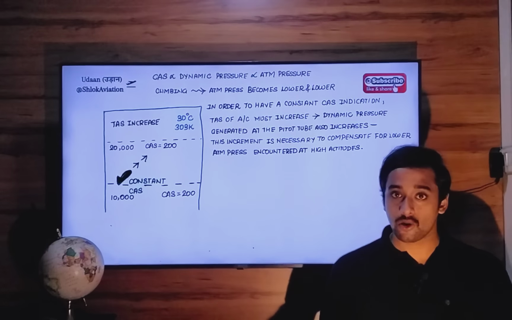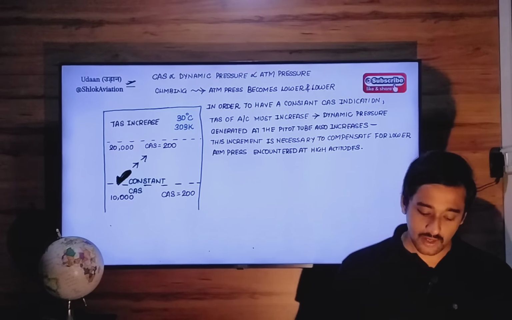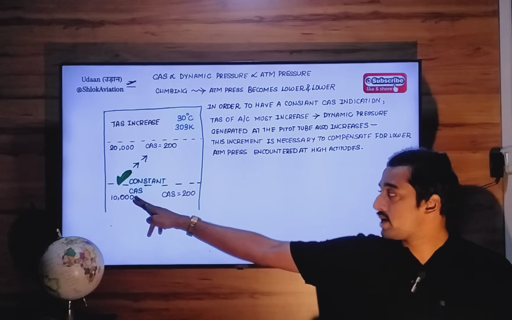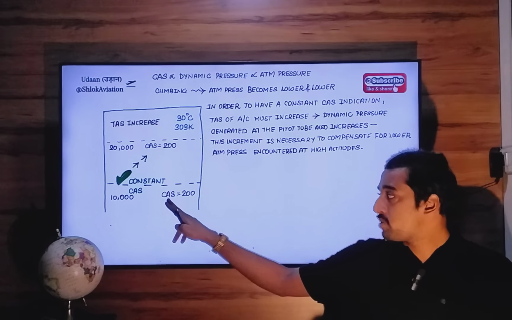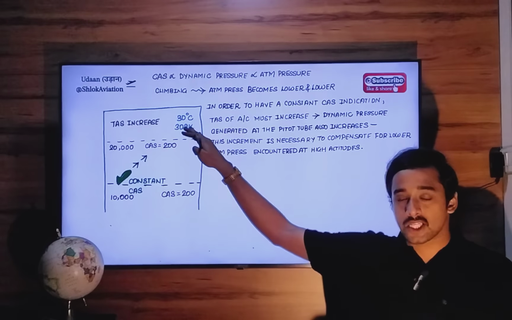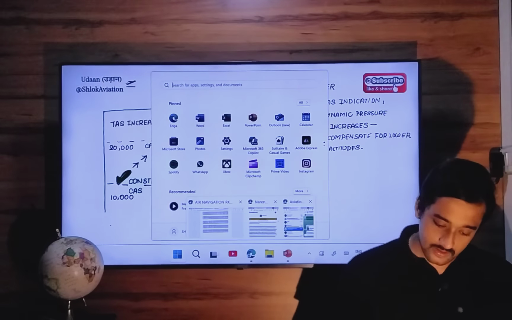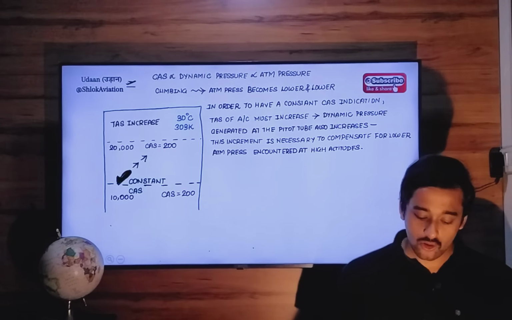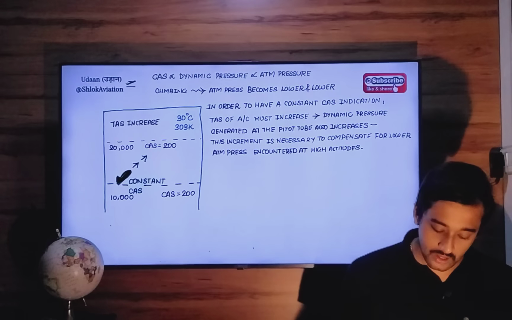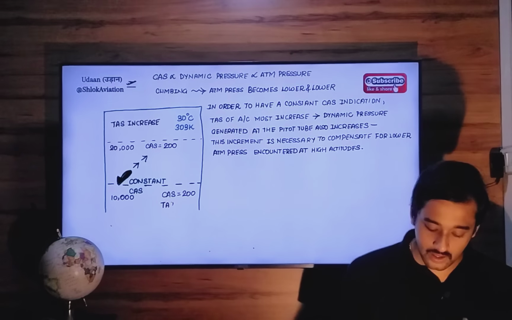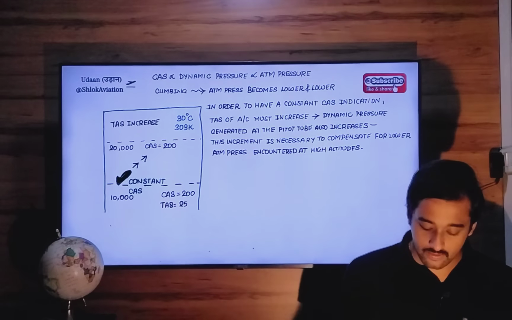We will check what the true airspeed is. True airspeed should increase. Now we will find true airspeed at 10,000 feet with a calibrated airspeed of 200 knots, temperature 30 and pressure altitude 10,000 feet. So I'll show you. With a calibrated airspeed of 200 knots, your true airspeed is around 250.